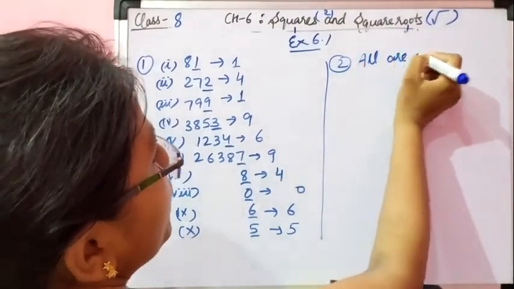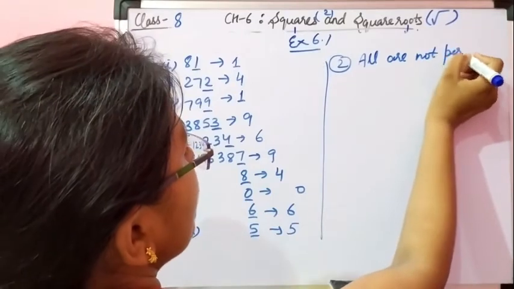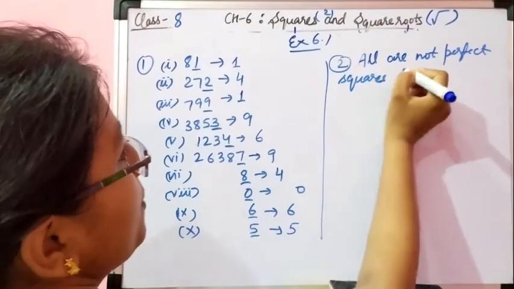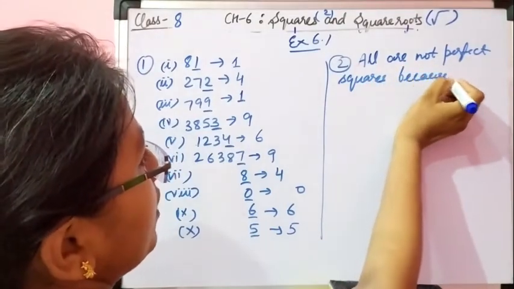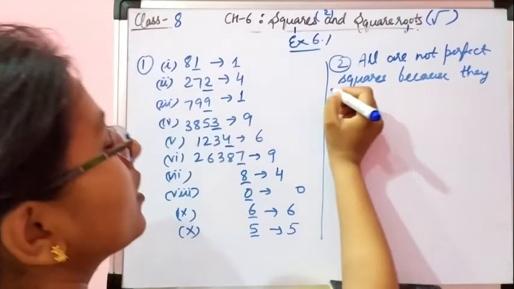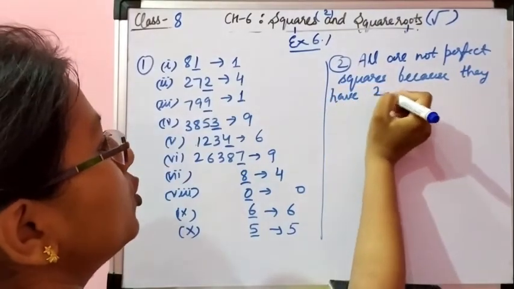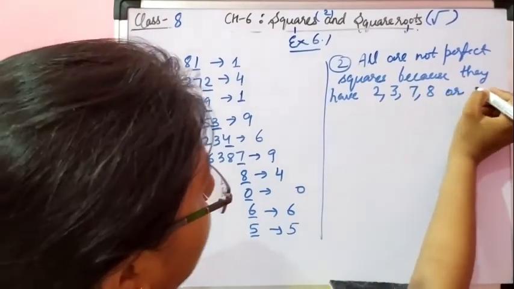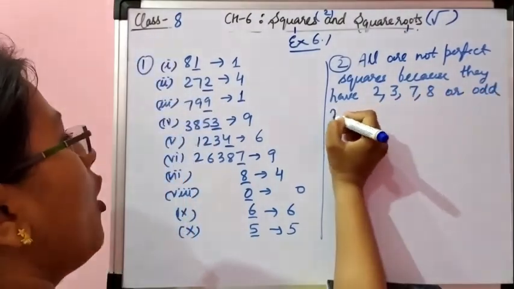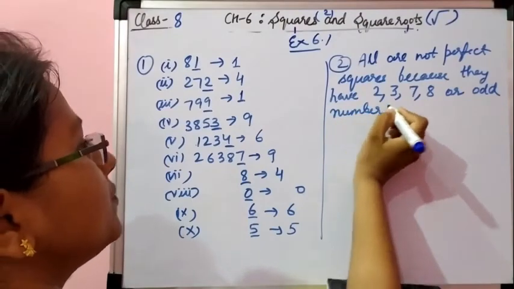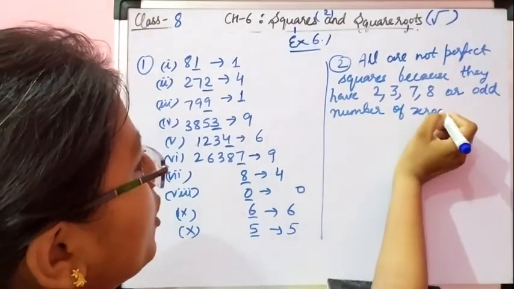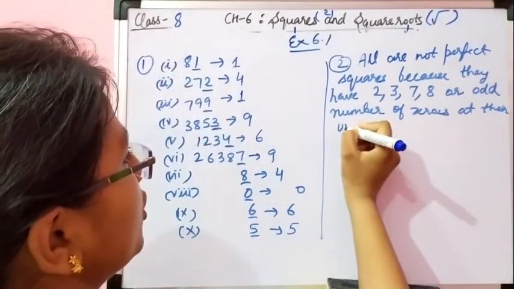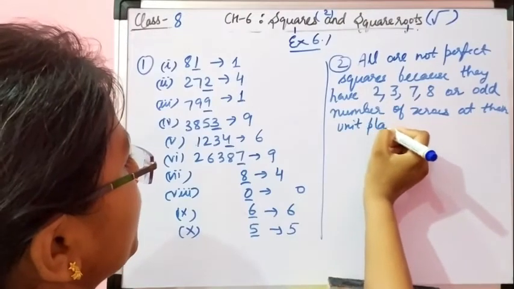All are not perfect squares because they have 2, 3, 7, 8 or an odd number of zeros at their unit place.